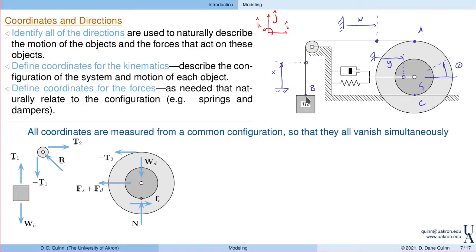So here we have coordinates for all the kinematics. This describes the motion of the block, the motion of the mass center of the disk, and the rotation of the disk, as well as this point up on top of the disk that's ultimately connected to the cable. So we have x of t as the displacement of the block, and in particular point B. Y of t measures the displacement of the disk center through the point G. We have theta, which is the rotation of the disk.